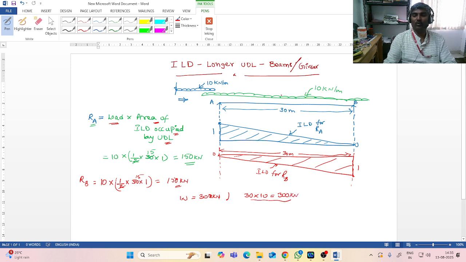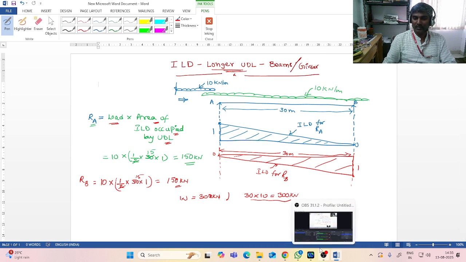So the total load is shared equally by the two supports. This we know already by the equilibrium concept, and again it is proved by the ILD concept. So this is how you need to deal with longer UDL to find support reactions. We'll be back with the other calculations like shear force and bending moment.